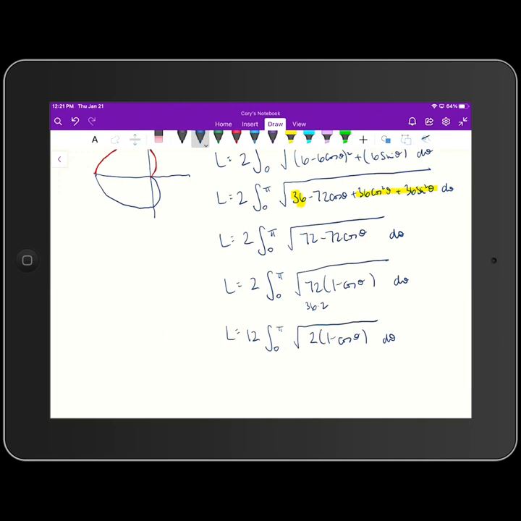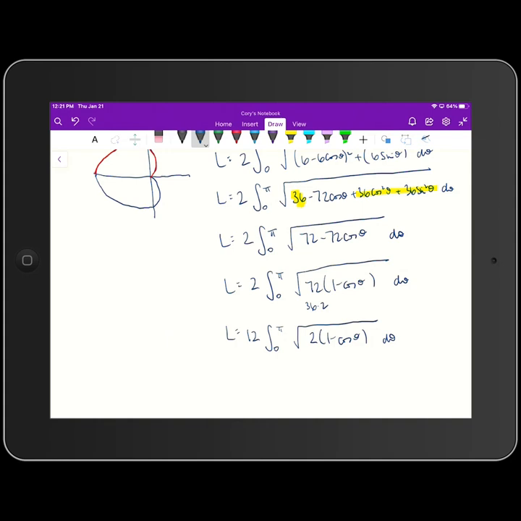Okay. Now, this is where you have to be careful, because at first glance, you're probably thinking to yourself, wow, I don't know that I can evaluate that integral, because we can't do a u substitution, and we haven't really worked with an integral like this before.